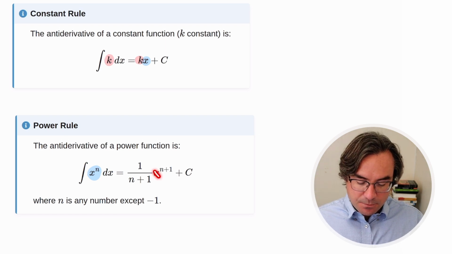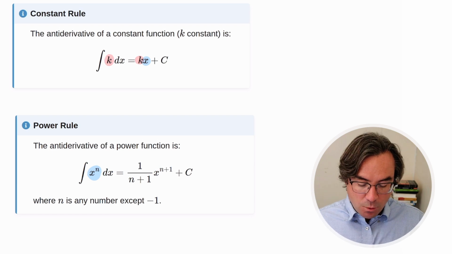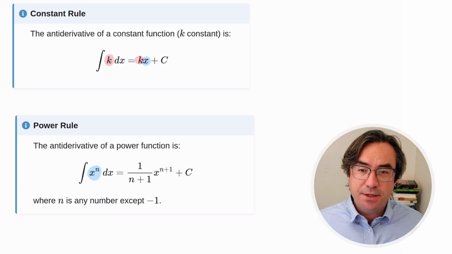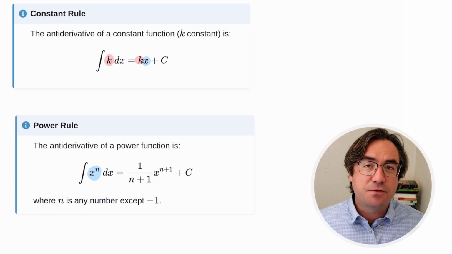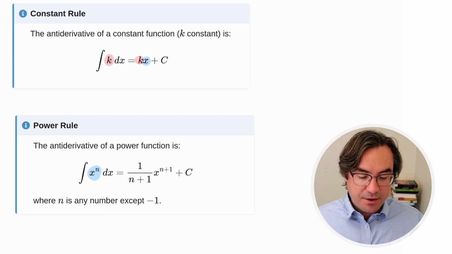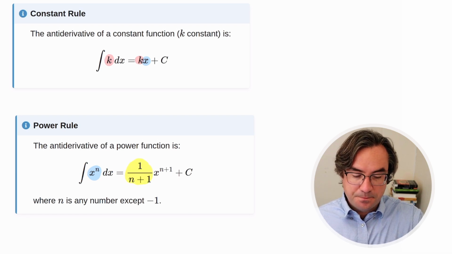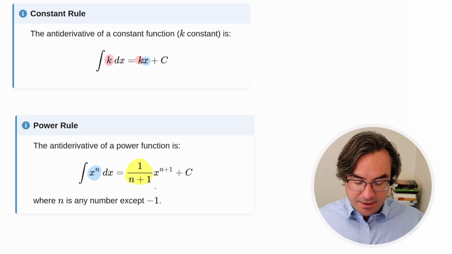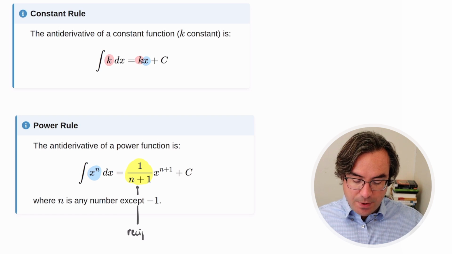So what happens? Well, we're going to keep our variable x the same. We're going to add 1 to the exponent. And then we're going to take our new exponent and we're going to flip it and put it in front. So you want to think of this number in front here as just the reciprocal of the new exponent.